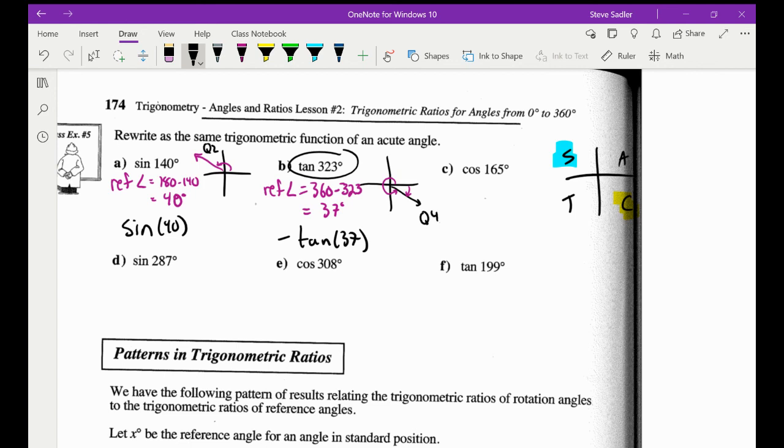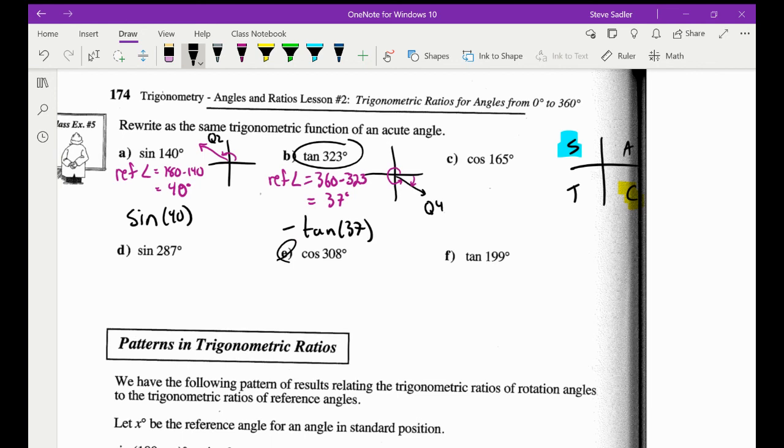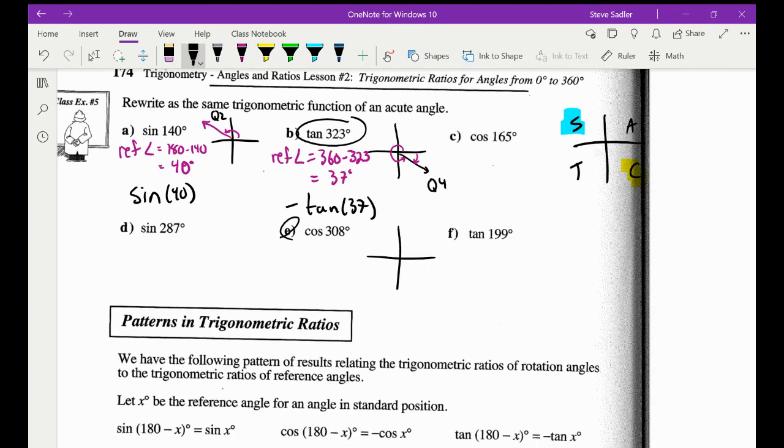All right, let's do a cosine. I'll do E and then we'll call it a day. So if we draw here, we've got cos of 308. 308 is somewhere over there. So that means our angle, that's 308.